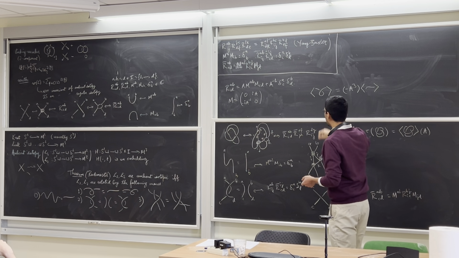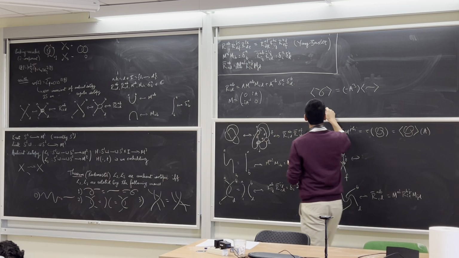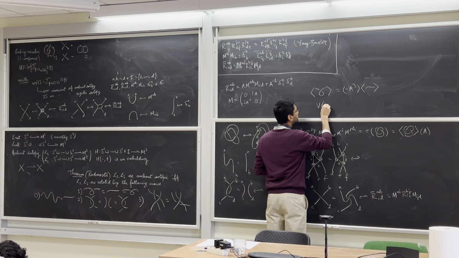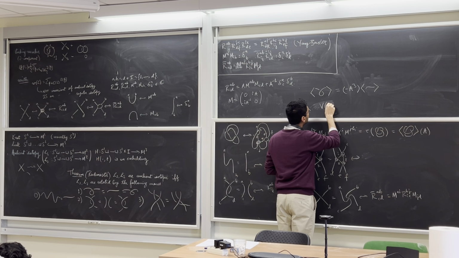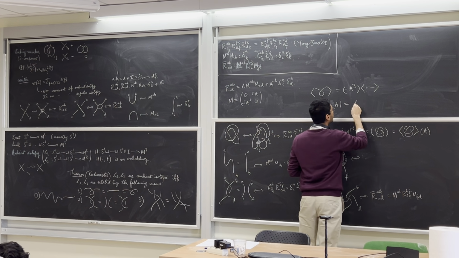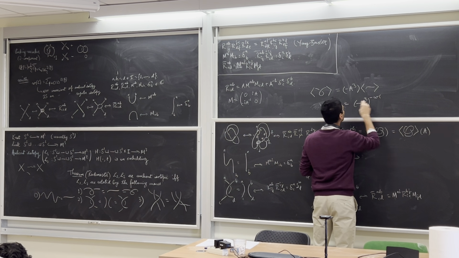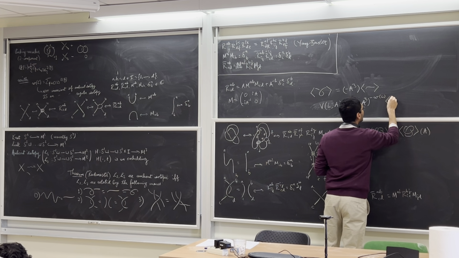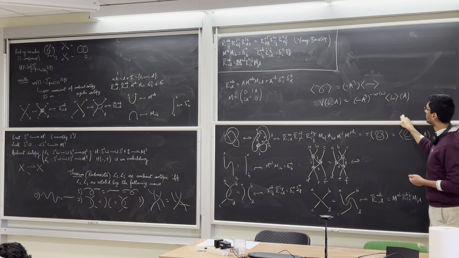So to make an invariant of ambient isotopy, I can just normalize it appropriately by using the writhe of a diagram. So V(L) for a link L is equal to (minus A cubed) to the power minus writhe of L, times the Kauffman bracket.